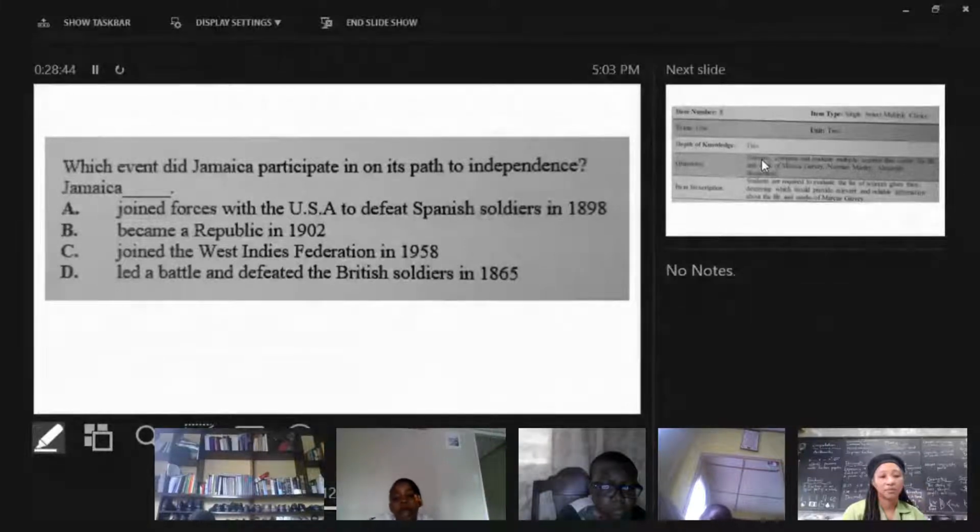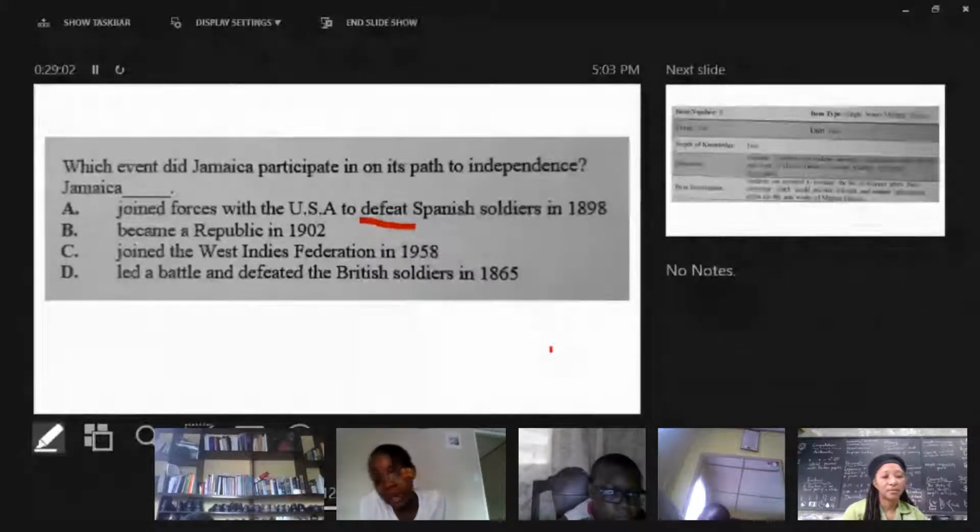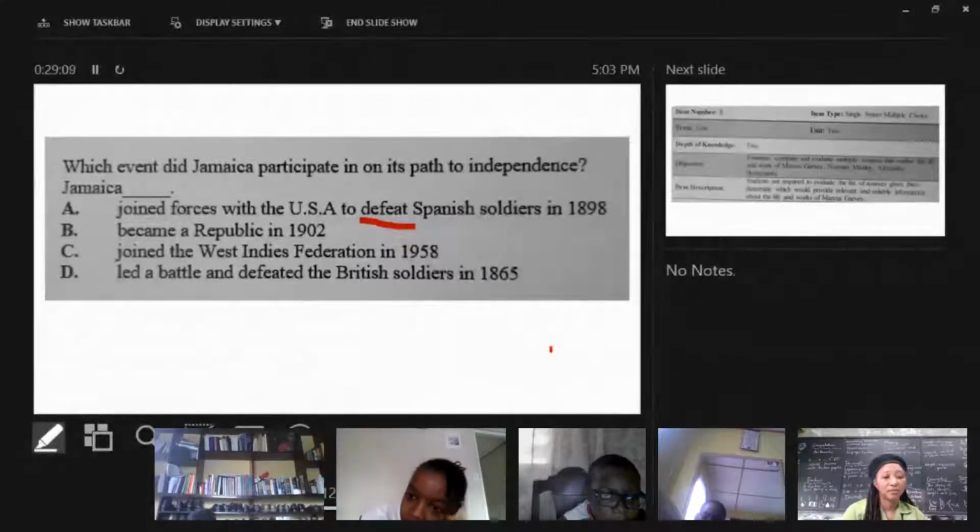B. Became a republic in 1902. Defeat, miss. Okay, continue. C. Joined the West Indies Federation in 1958. D. Led a battle and defeated the British soldiers in 1865.